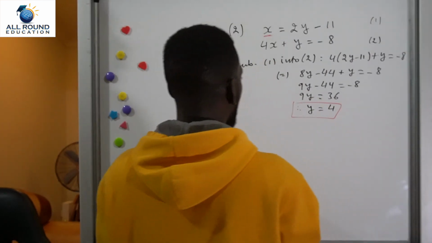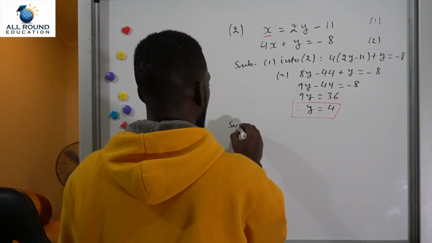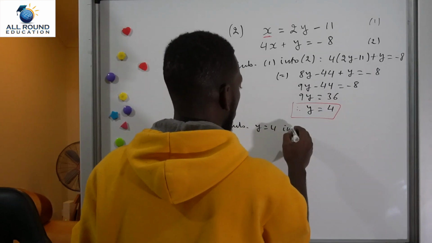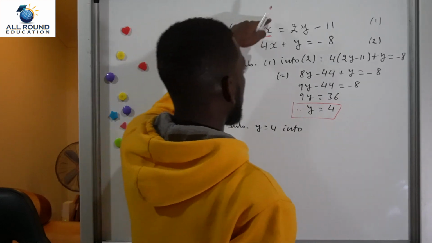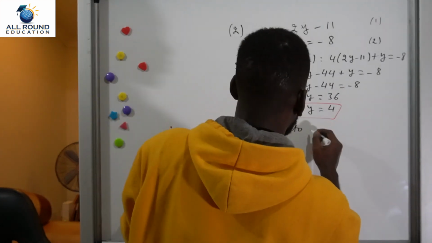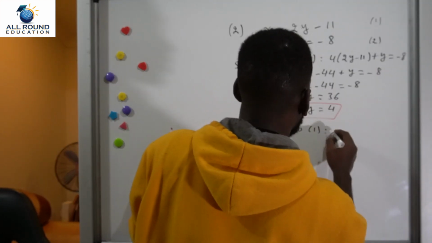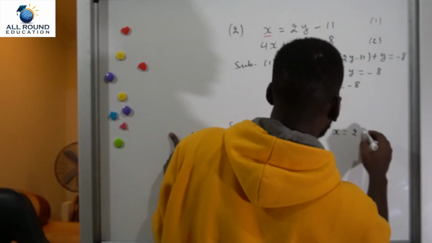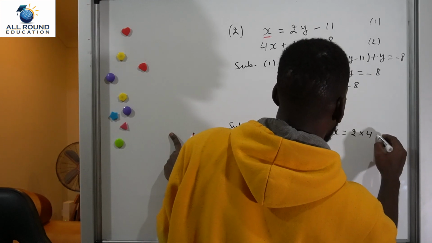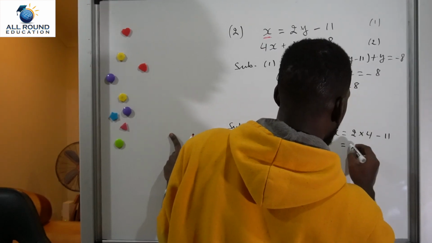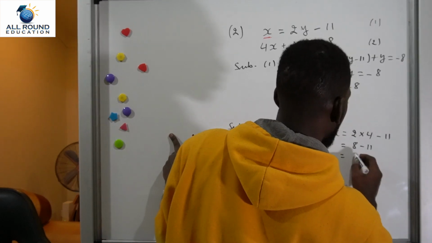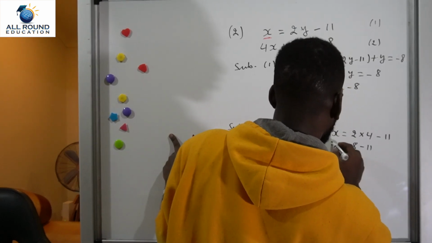Once you've got this value of y, then you can substitute y equals 4 back into equation 1, right? So you have x equals 2 times 4 minus 11, and then you have 8 minus 11, therefore our x will be negative 3.